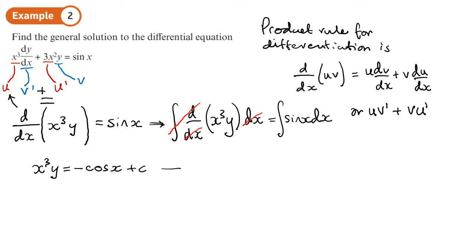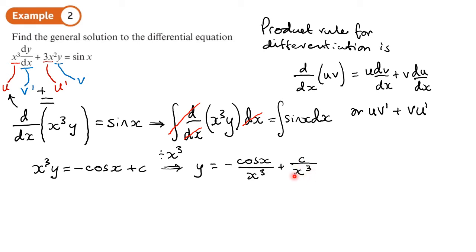Then the last step is just to make y the subject, so I divide everything by x cubed. So I'll have y equals negative cos x over x cubed plus c over x cubed. Now, unlike the previous example, I can't change this to another arbitrary constant and just say let c over x cubed equal a, because x cubed isn't a constant.